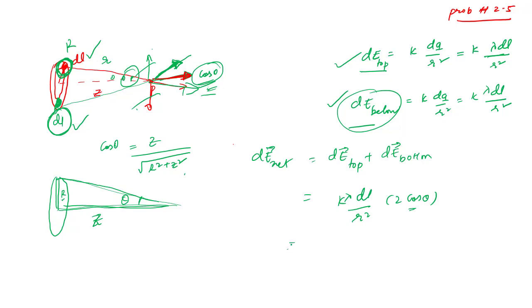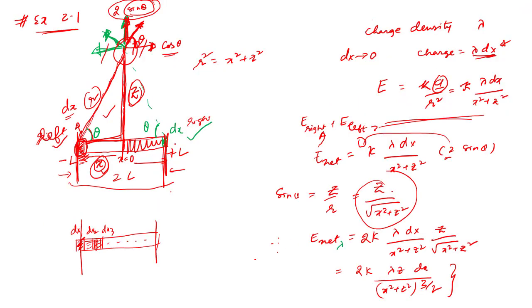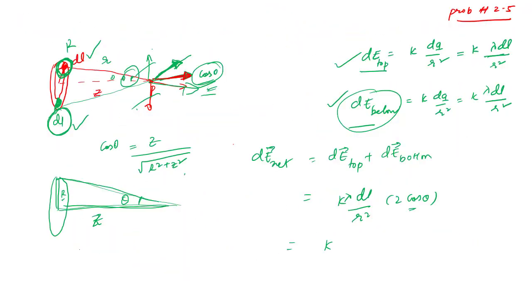So then I can write this as 2k lambda dl by r square times z by square root under r squared plus z square, right?